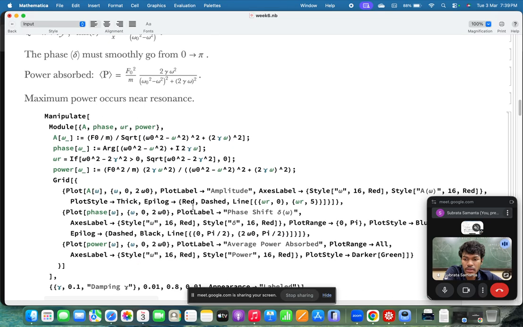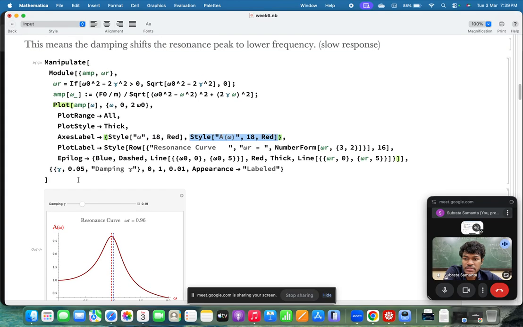So this is my main plot, but I just put an Epilogue, which is basically a line. First I add a blue dashed line at omega naught, at the natural frequency, from y equals 0 to y equals 5.